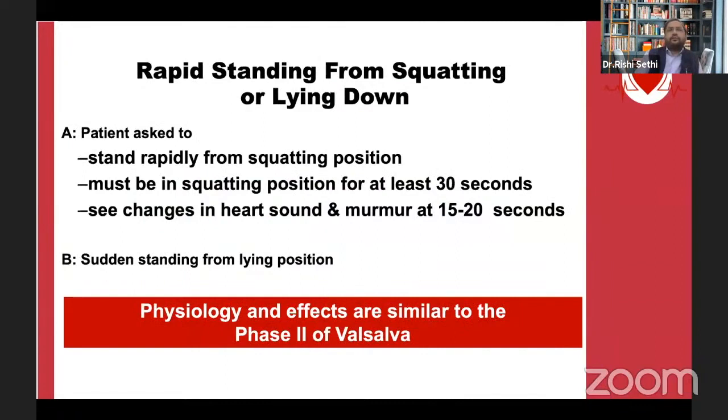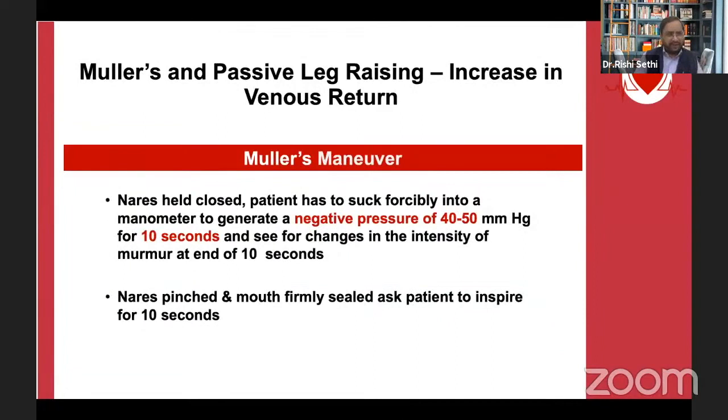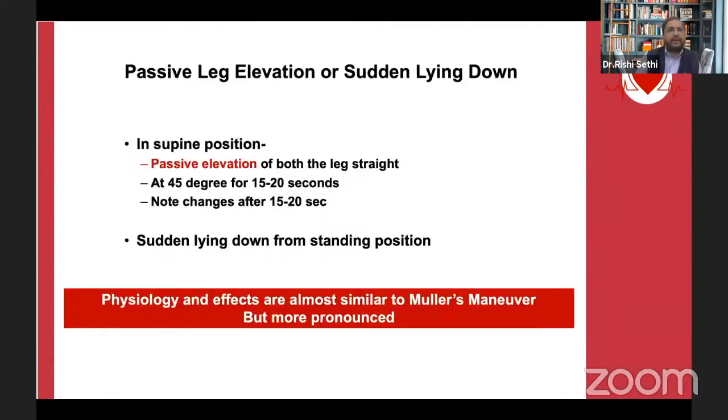Rapid standing from a squatting or lying down position will also have the same result. You have decreased venous return, and the findings are essentially the same as phase 2 of Valsalva. The Muller maneuver is the opposite of Valsalva, and so is passive leg raising. Both these maneuvers increase the venous return and have a completely opposite effect on various findings.